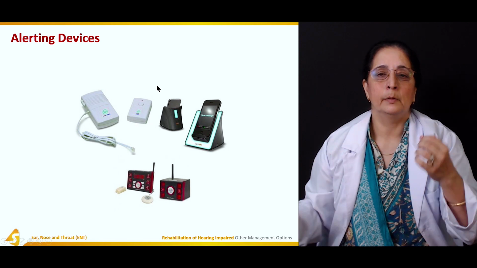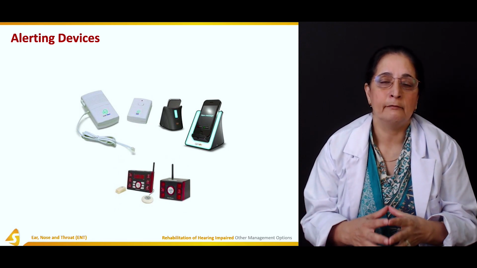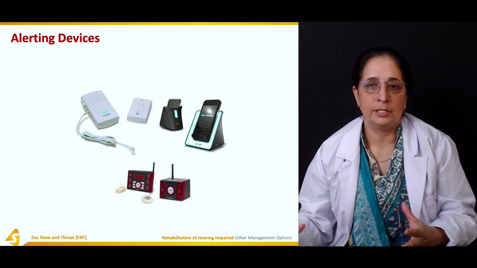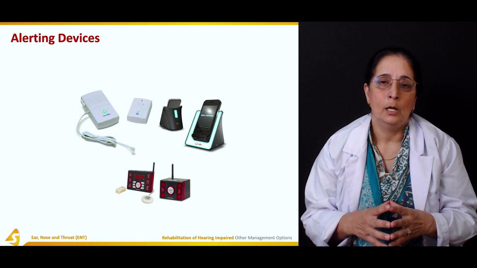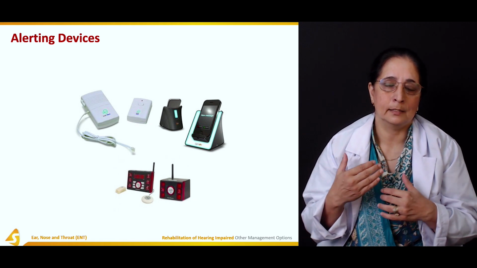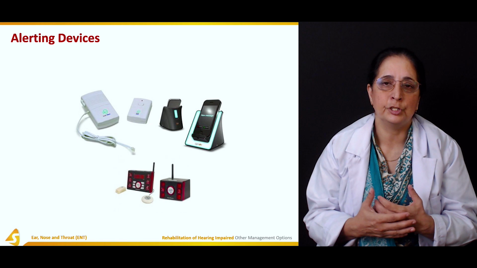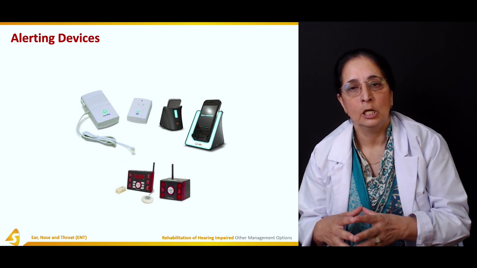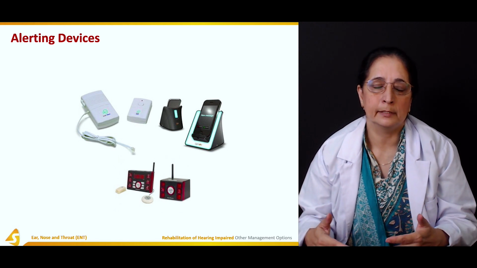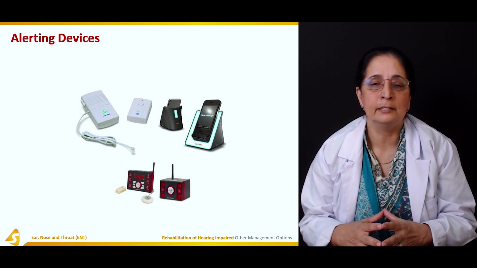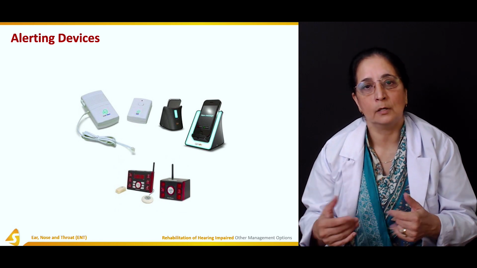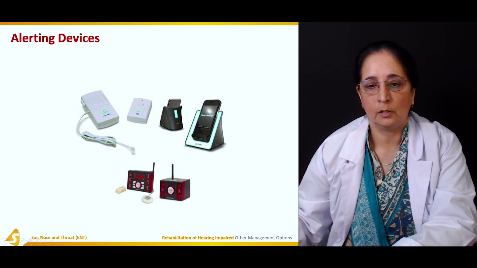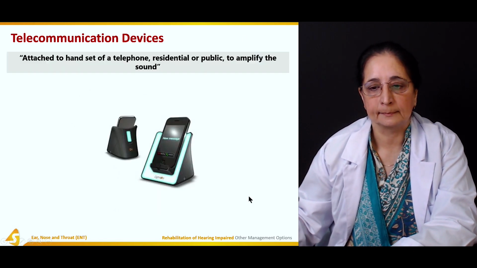These are devices that can produce lights and flashes, just to alert the individual who cannot hear that there is some type of emergency, so they can do something to protect themselves or to alert another individual. So these are the alerting devices. Clock alarms are also included. These are the pictures of alerting devices.